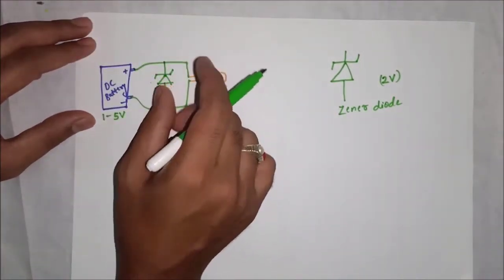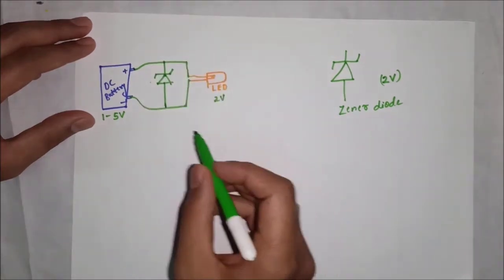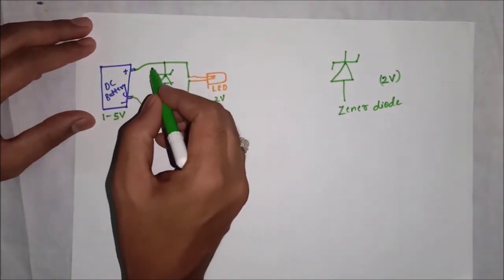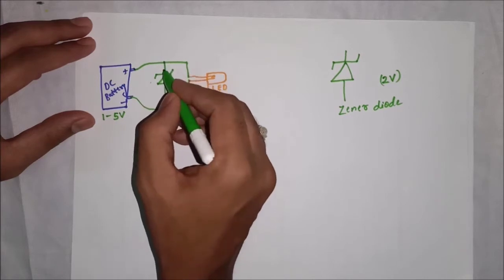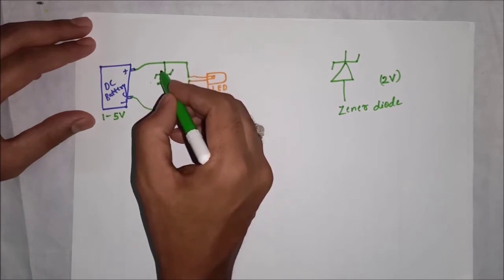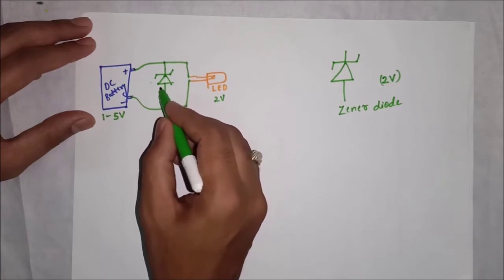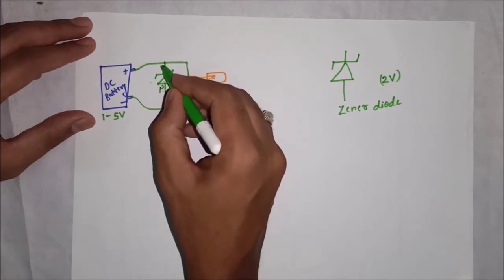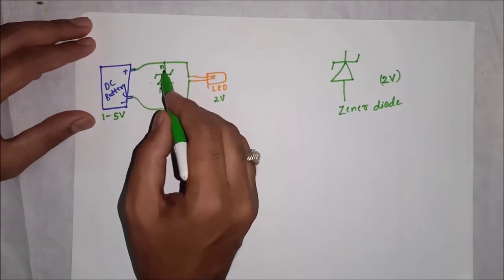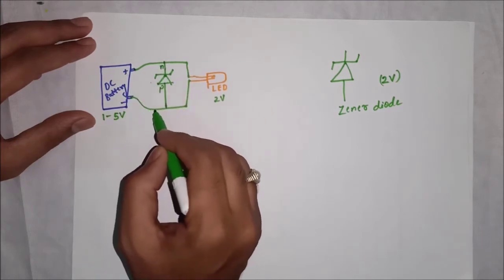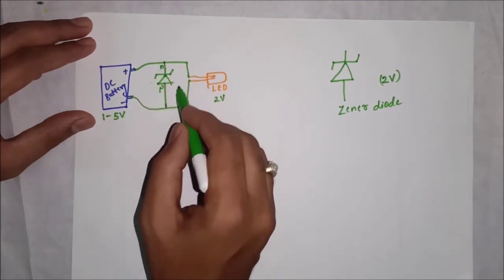Why? I will tell you later. If you keep it like this, the positive is connected to this terminal, so this is the N side and this side is the P side of the diode. Positive is connected to the N side and the negative of the battery is connected to the P side, so it is in reverse bias.